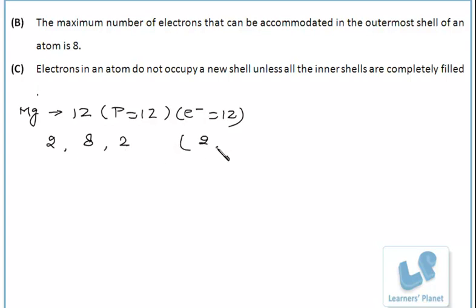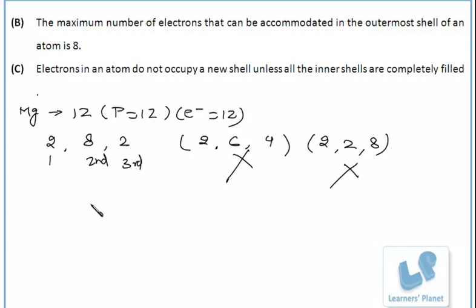Students, it can't be 2, 6 and 4. Or it can't be 2, 2 and 8. This is the first, second and third energy level. The electrons should completely fill up an energy level, then they move up. So this is wrong and this is also wrong.